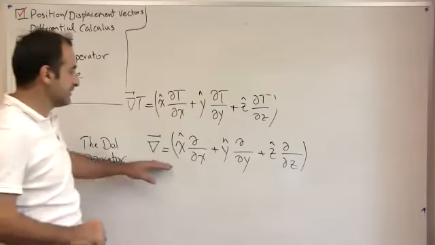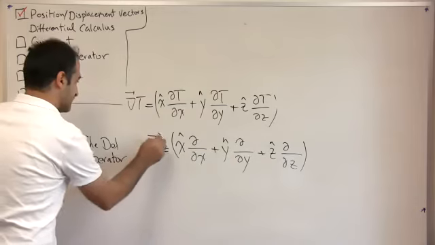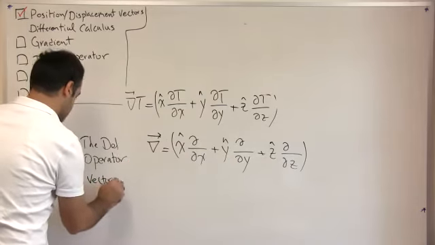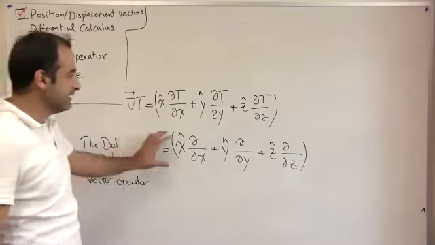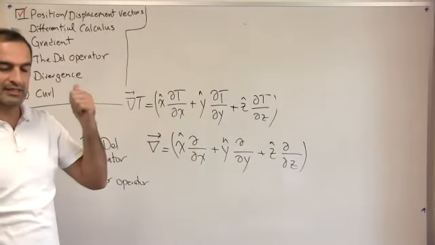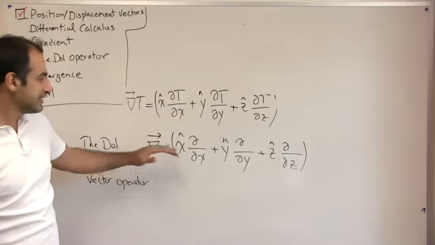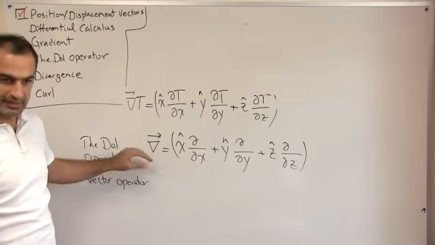So this is an operator defined like this, and this is a vector operator, so I will always use an arrow on top of this. And this can operate on vector fields as well as scalar fields. So the gradient was technically this operator acting on a scalar field.